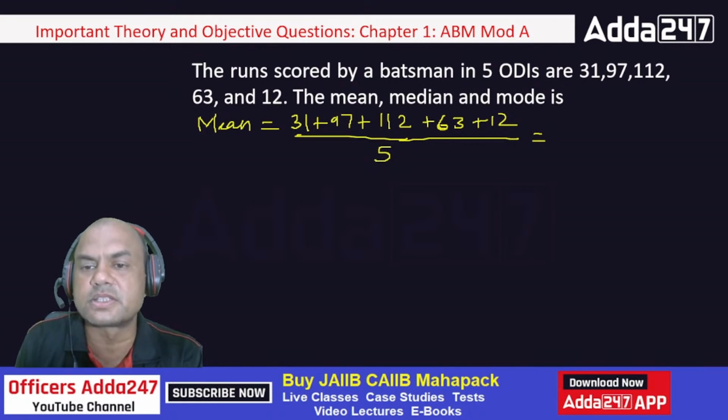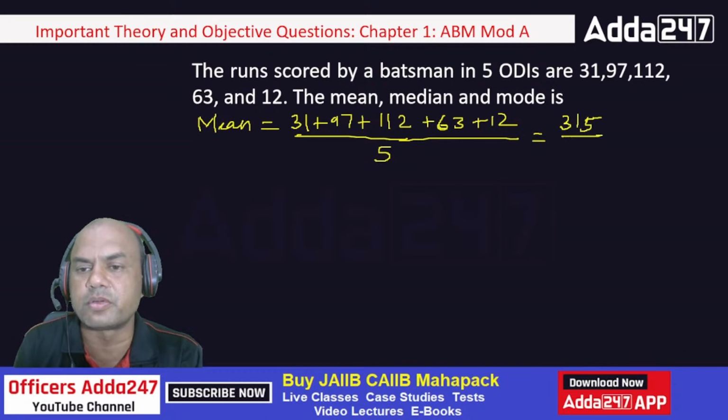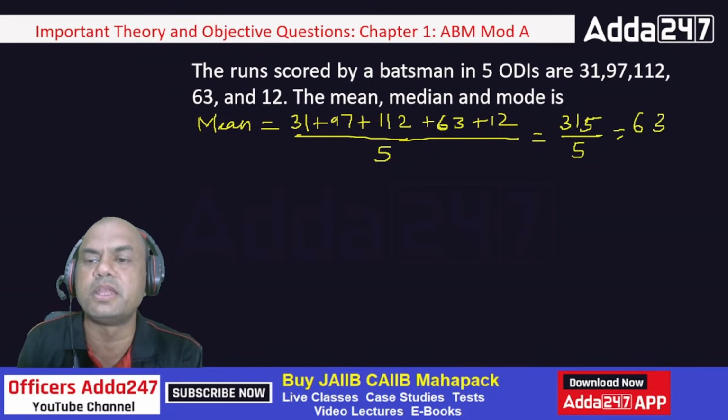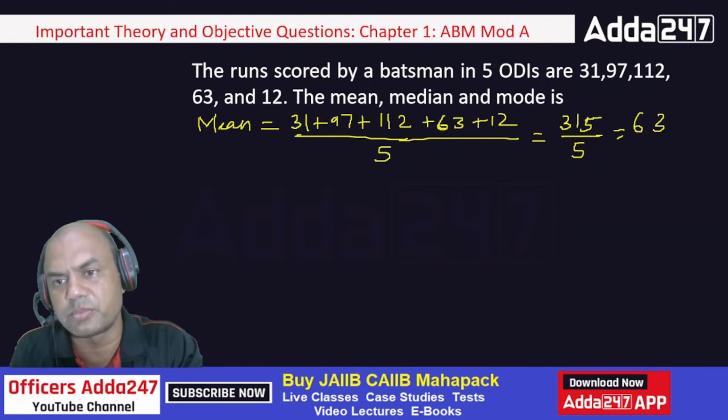So I am getting 315 divided by 5. Okay, so it comes to 63. So my mean is 63.